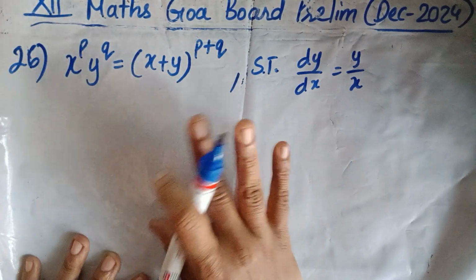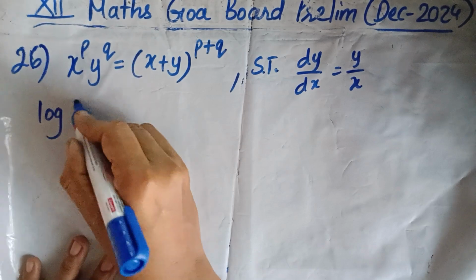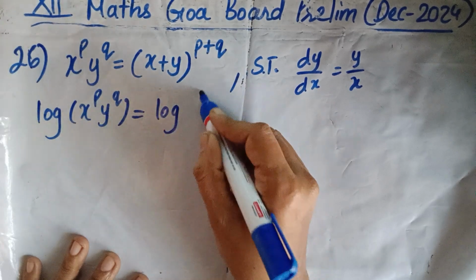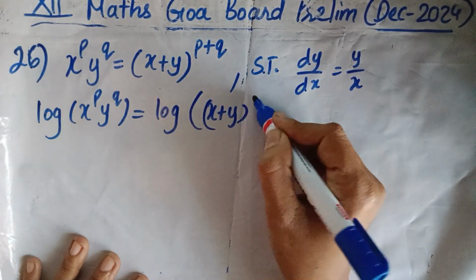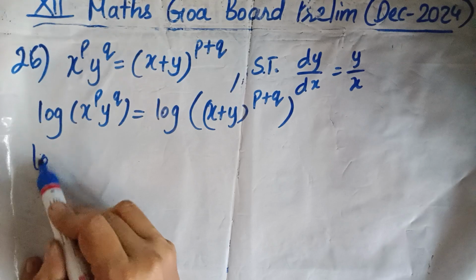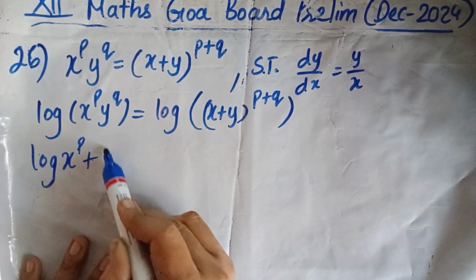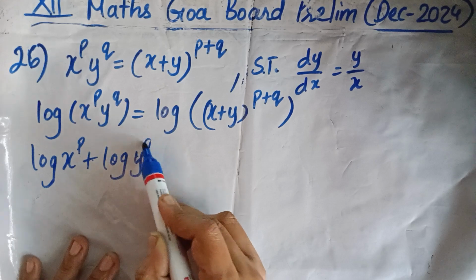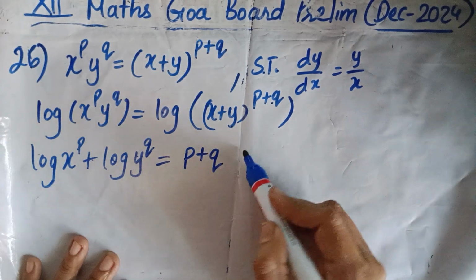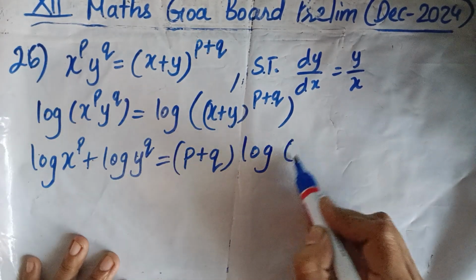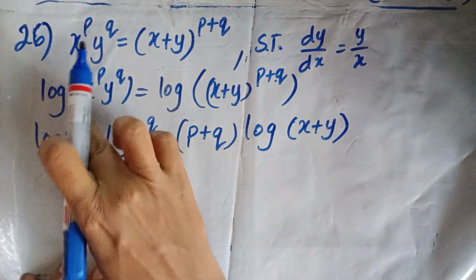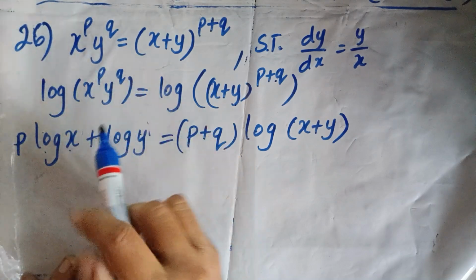So if I take log both the sides, log a into b is log a plus log b, then log of a raised to b is b log a. Here also, so p comes here, q comes here.